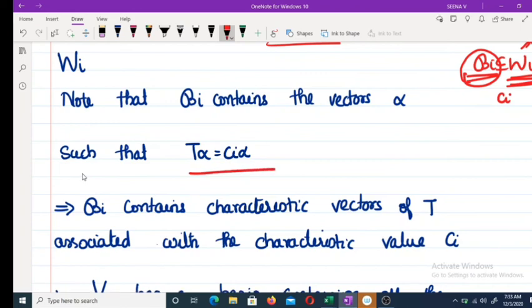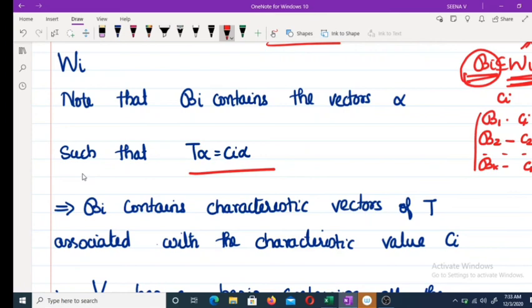B1 contains characteristic vectors associated with the characteristic value C1, B2 contains characteristic vectors associated with C2, etc., and Bk contains characteristic vectors associated with Ck.